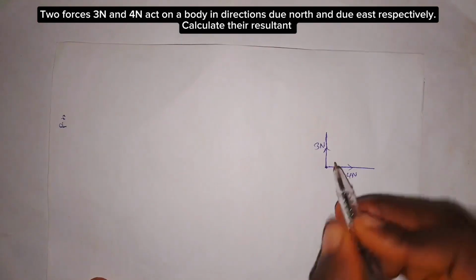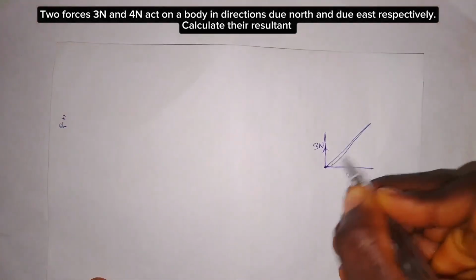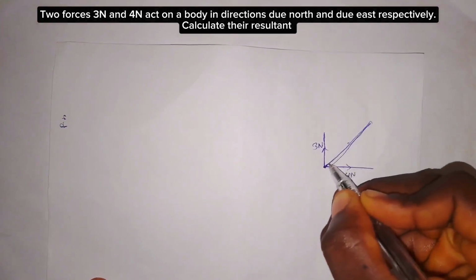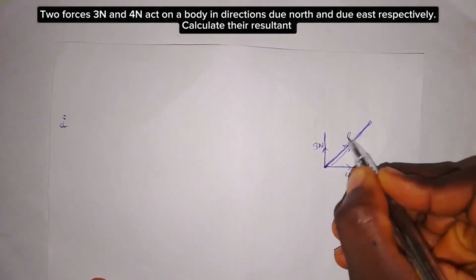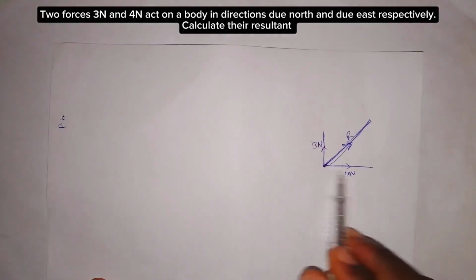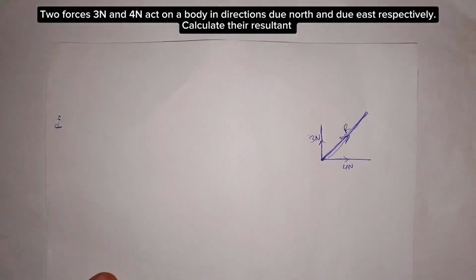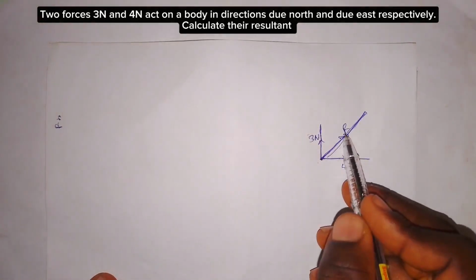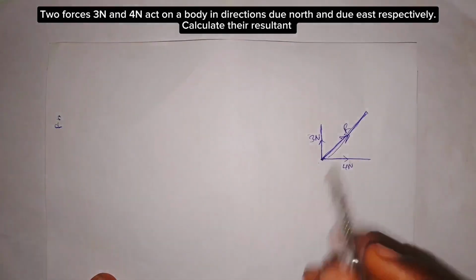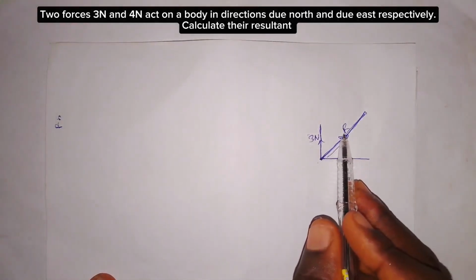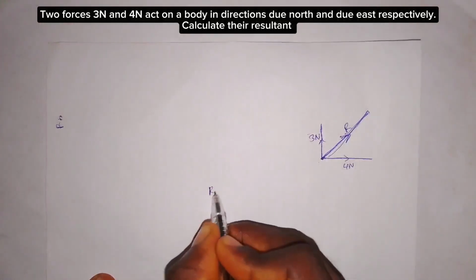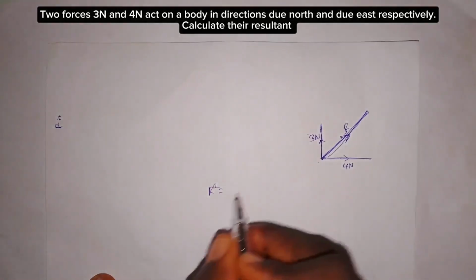Therefore, we should look for their resultant vector. Don't mind where I draw it. So these two vectors are perpendicular to each other, so this question is under perpendicular vectors, and you can calculate the resultant vector easily. How can you calculate it? We make use of Pythagoras theorem, just like the previous question we did.